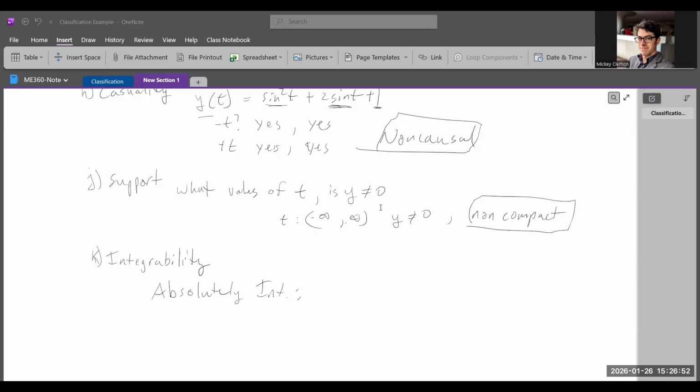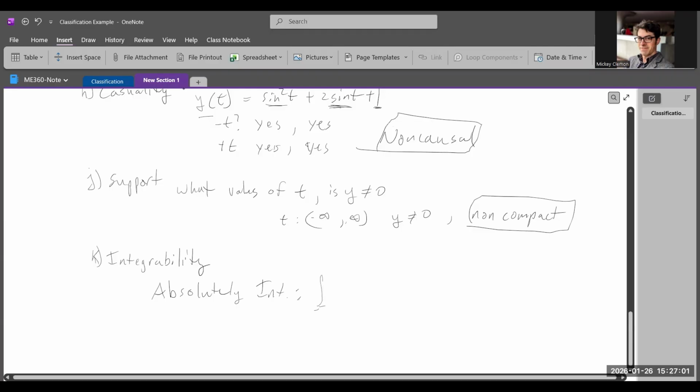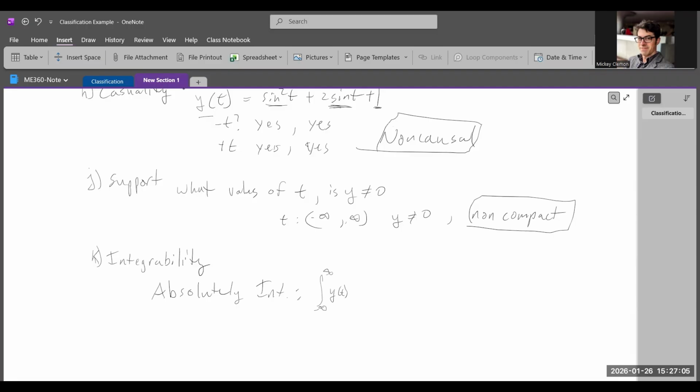So we'll find out if this is absolutely integrable. So absolutely integrable of our equation. So we take the integral from minus infinity to infinity of y of t dt. So that is the integral of, we write our equation here, sine squared t plus 2 sine t plus 1 dt.